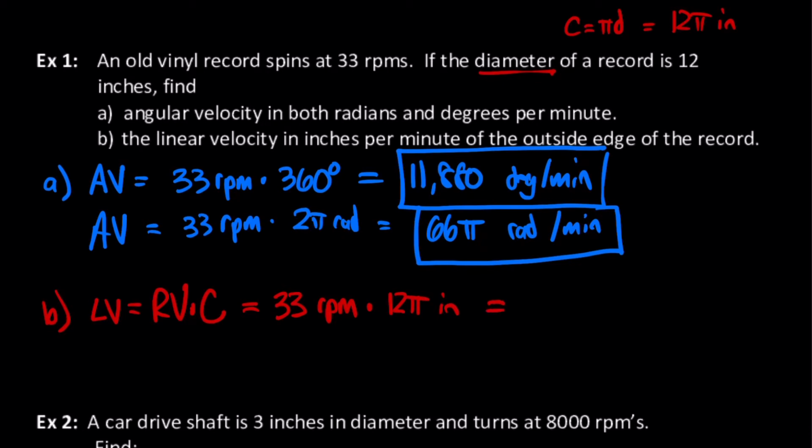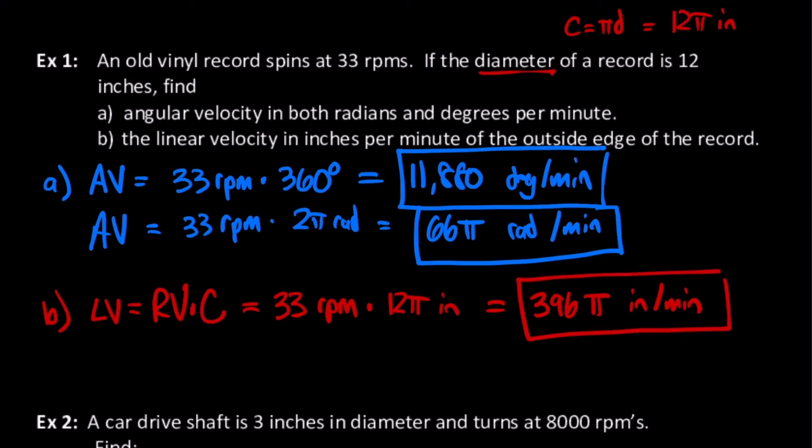And it doesn't say to the nearest tenth or hundredth, so you can just leave pi in there if you'd like. 396 pi inches per minute. And that's probably the most efficient way to do this question without using a calculator. Obviously, if I wanted it to the nearest tenth, you would multiply 396 times pi.